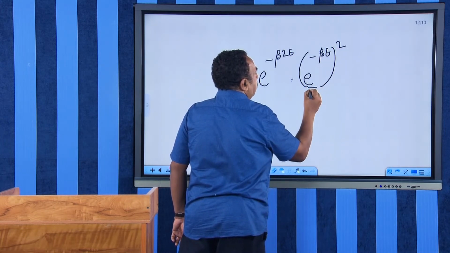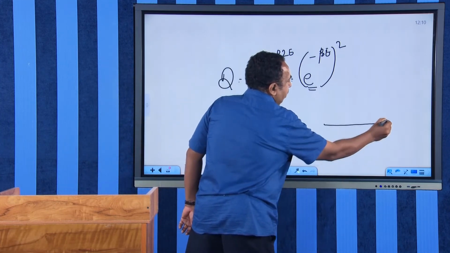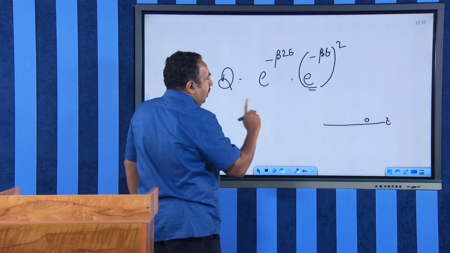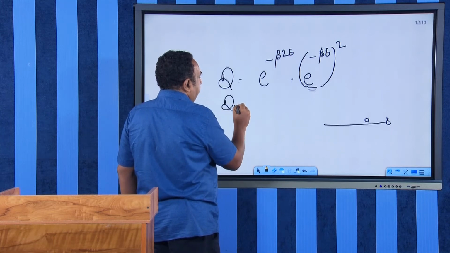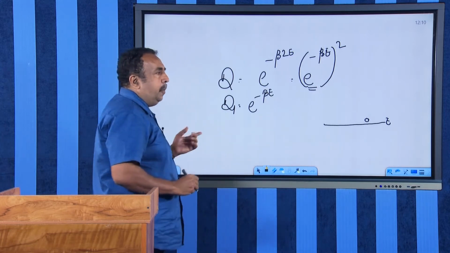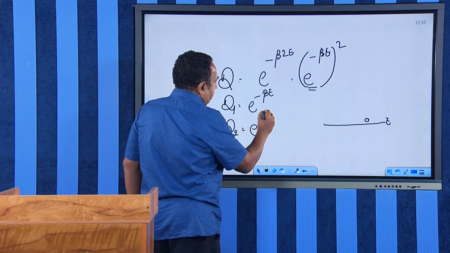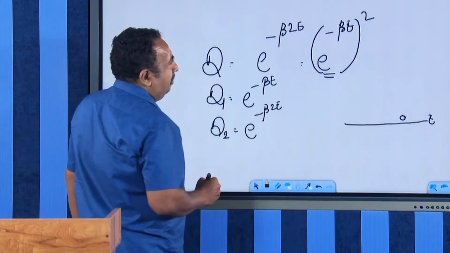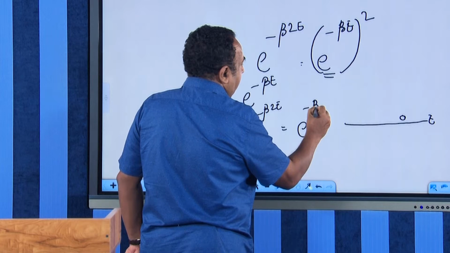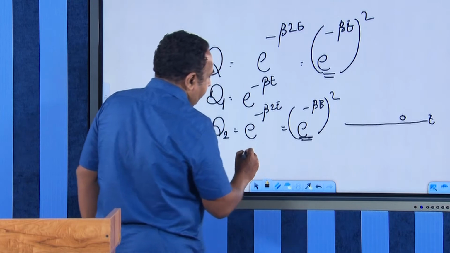And what was e raised to minus beta E? If a single particle is in the state E, the partition function Q1 for one particle will be e raised to minus beta E. If I have two particles, I can write Q2 equal to e raised to minus beta 2E, which is e raised to minus beta E whole square, and that was our previous Q1.